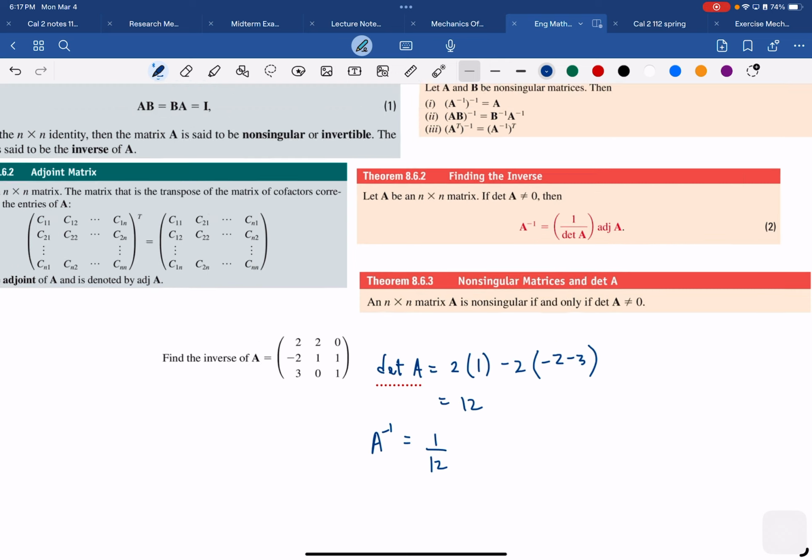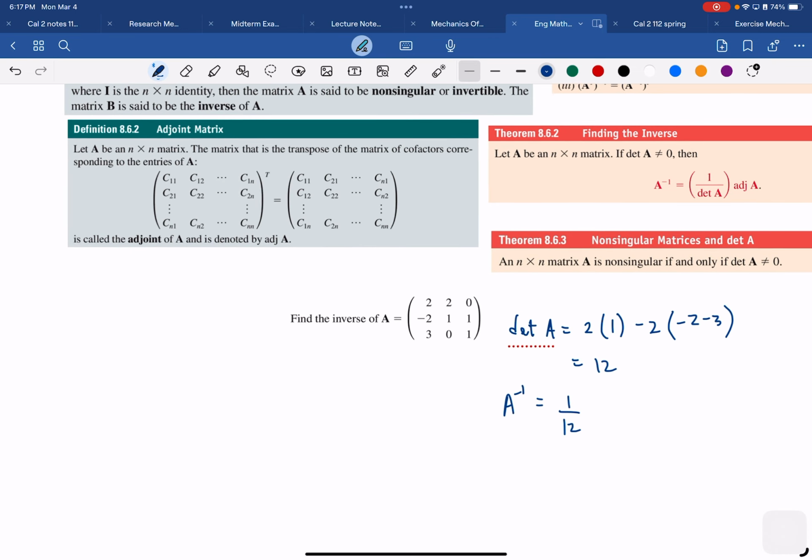So how to find the adjoint? Let me write here. Adjoint. So C11 is basically we take the one 101.